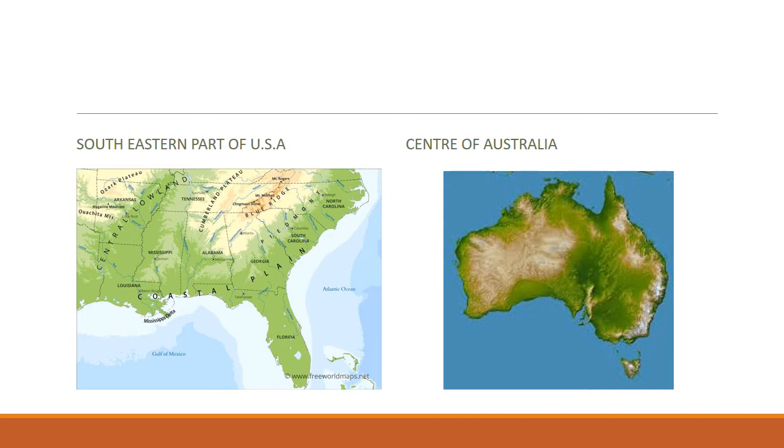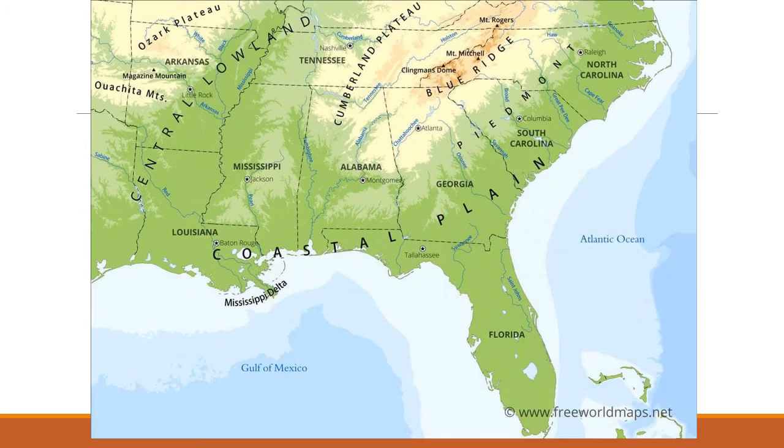So these two are the examples of coastal plains. Here I have zoomed out the coastal plain of the United States of America, which is situated on the southeastern part of that country. We can clearly see the coastal region which has been converted into coastal plain.